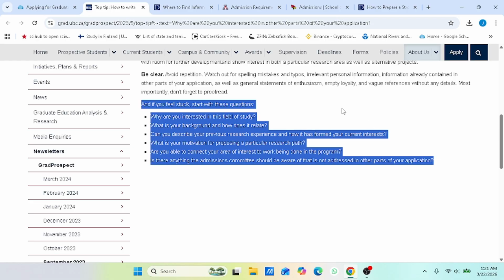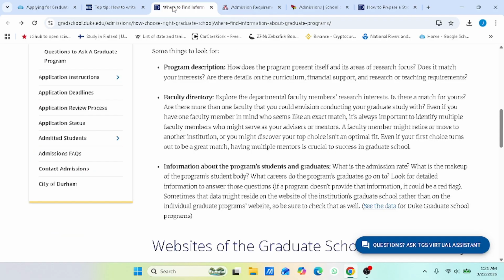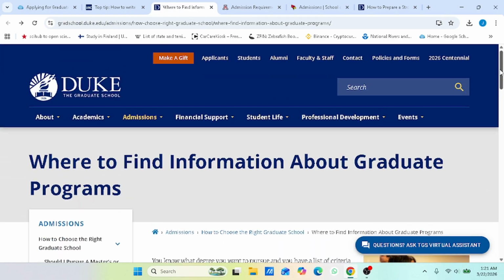Now, number 3 website is about where to find information. This website from Duke University in the US, where to find information about graduate programs.